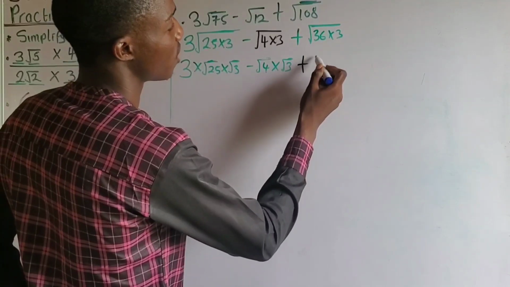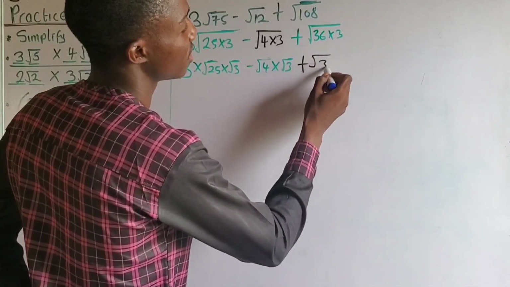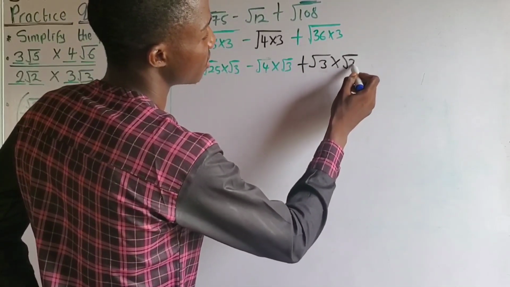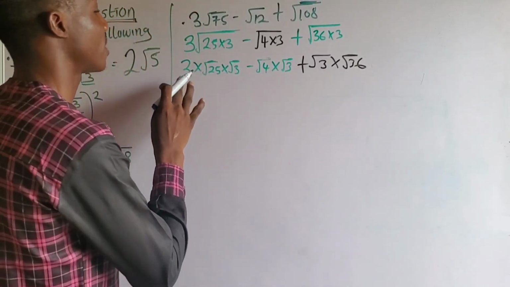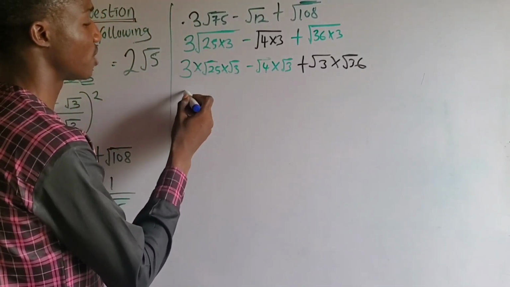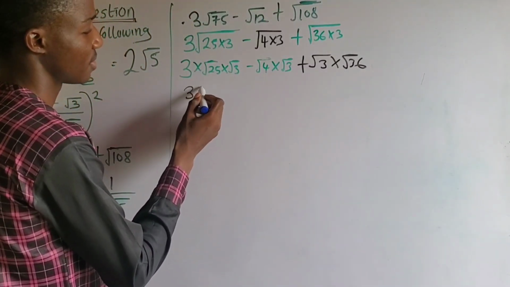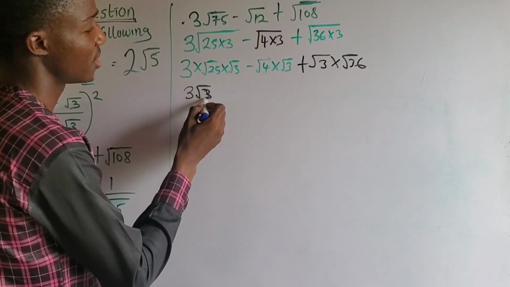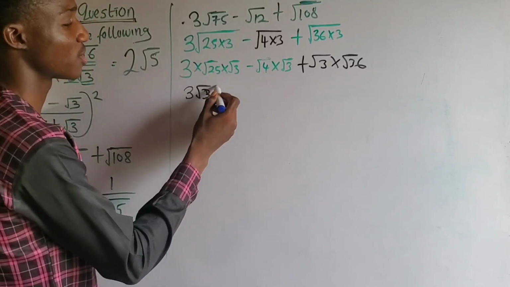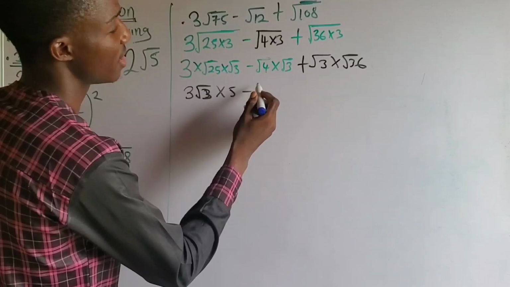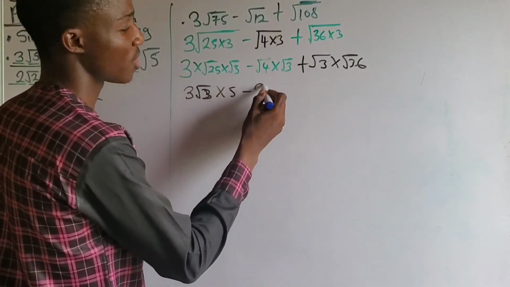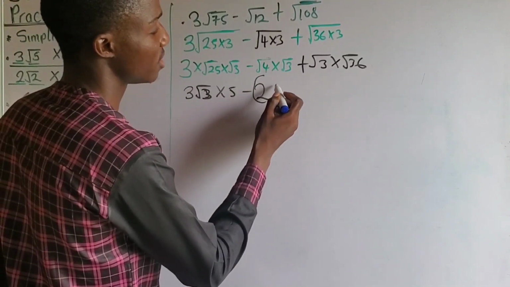Then for the last one, we are going to have root 3 times root 36. Now, 3 times root 3, that's what? 3 root 3. Then root 25 will give us 5 times 5. Minus root 4, root 4 is 2. So I'm going to have minus 2 times root 3.